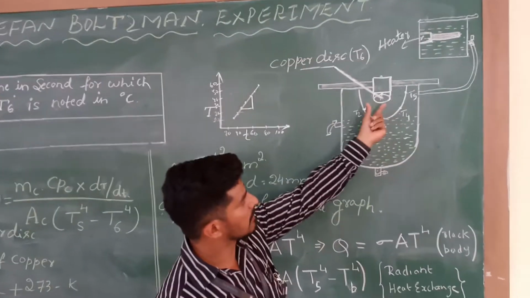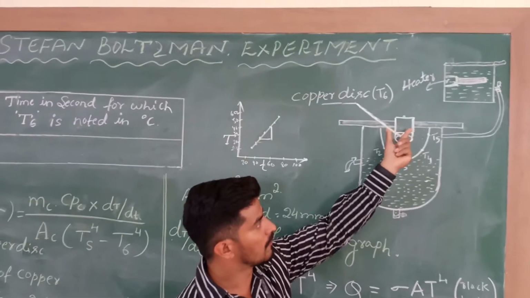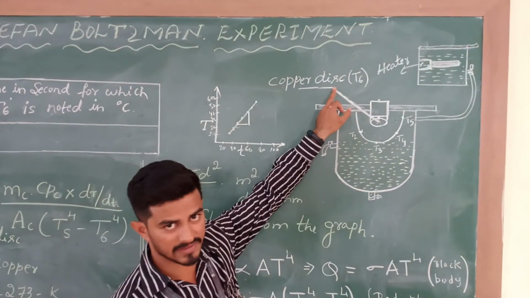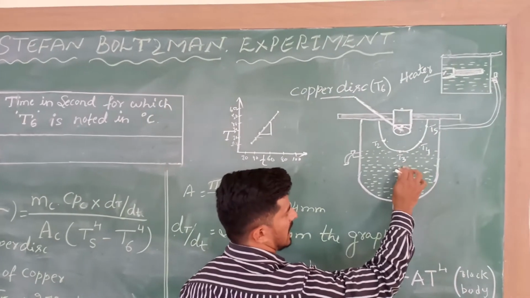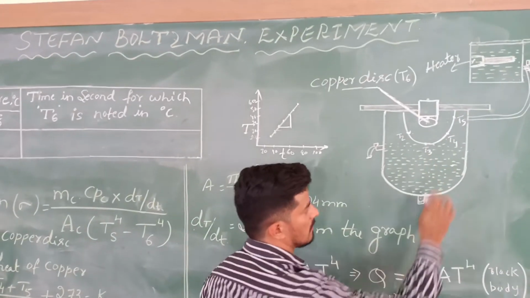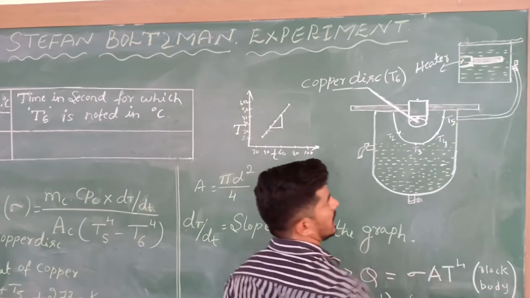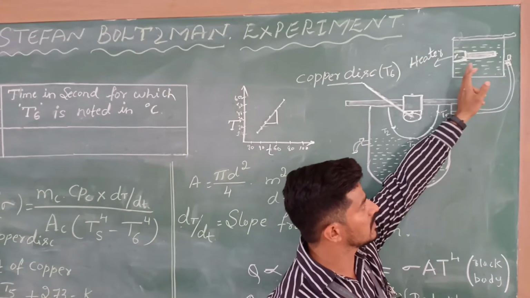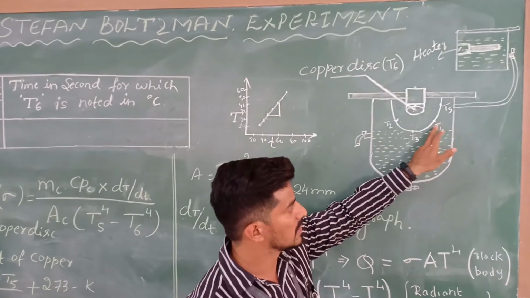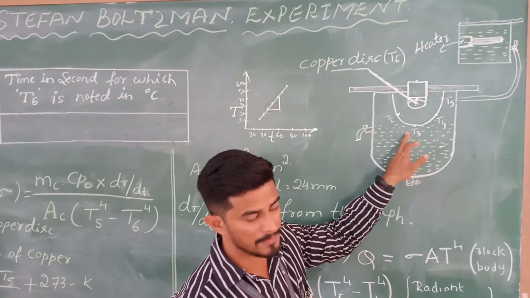There is a provision at the top for the placement of the copper disc, as you can see here. For this water jacket we need hot water, and for that purpose we have a heater. From this heater the hot water enters the surrounding of the copper shell.